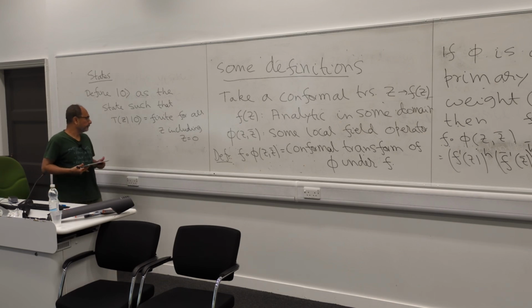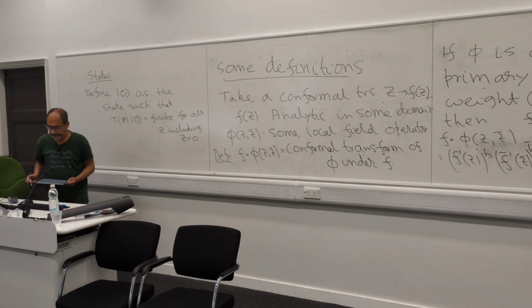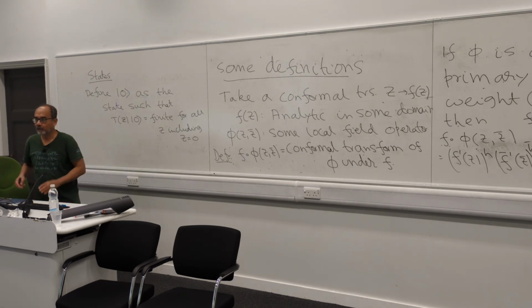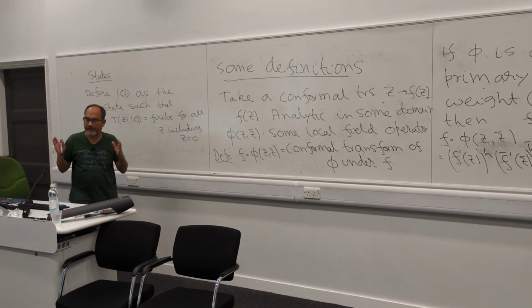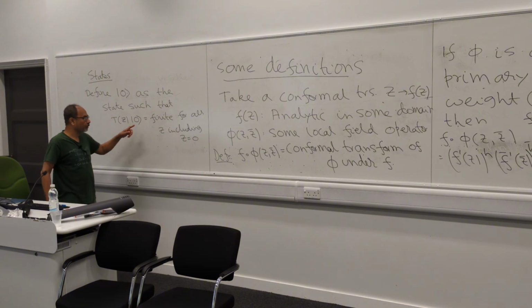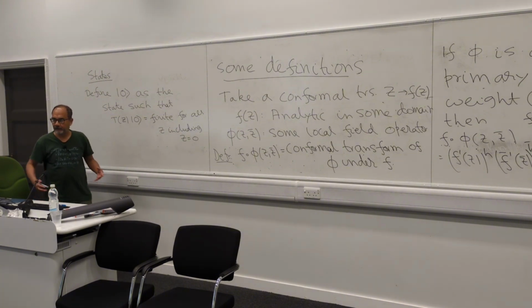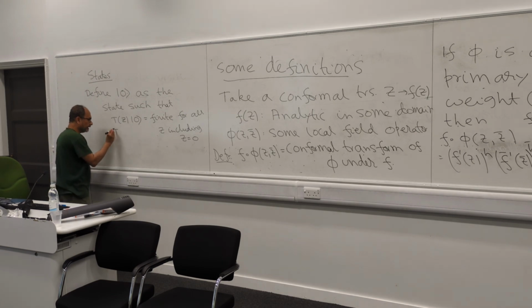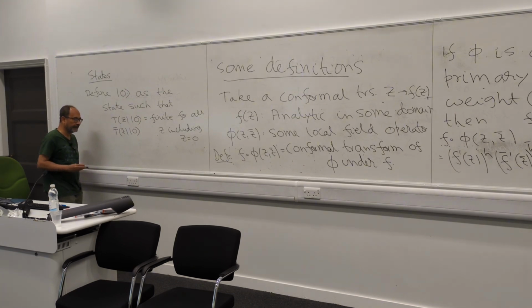This is basically saying that the vacuum is a state which does not know about any particular spacetime point, where no spacetime point plays any particular role. So T of z acting on the vacuum should not be singular at any particular spacetime point, because that would give that point a particular role. So T of z should be finite for all z, and similarly T bar of z bar. And this is enough to define the vacuum uniquely in the theory.